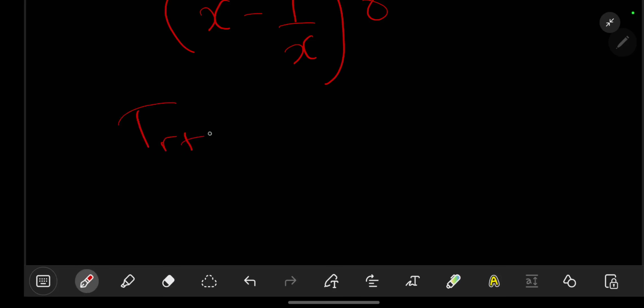So t r plus 1, which we have established is term number 5, should be equal to n combination of r. Then we have our a, n minus r, br.